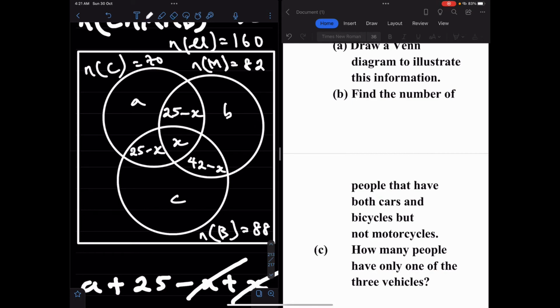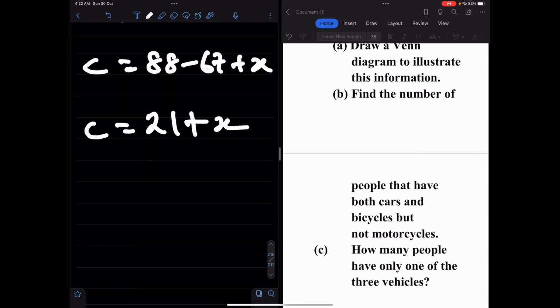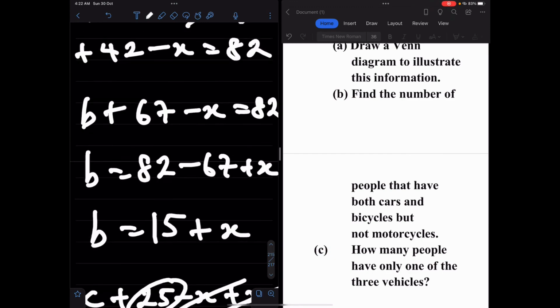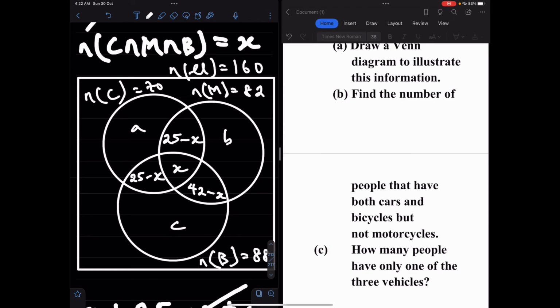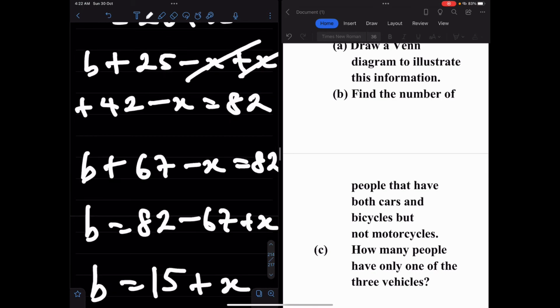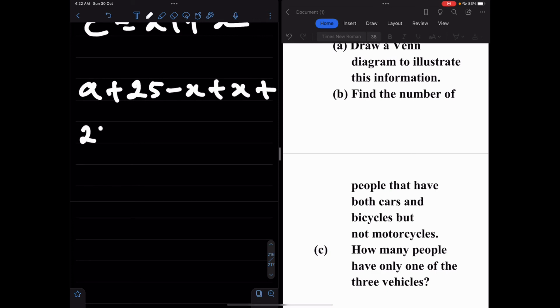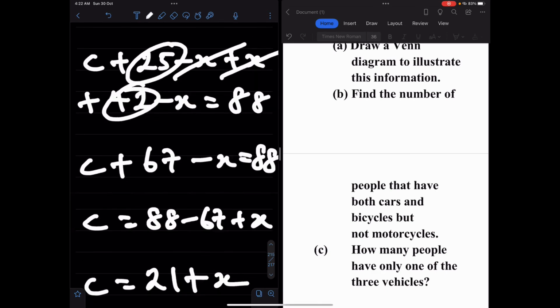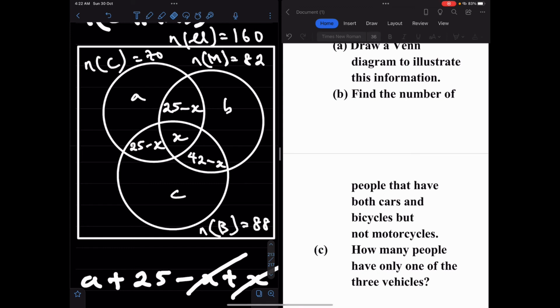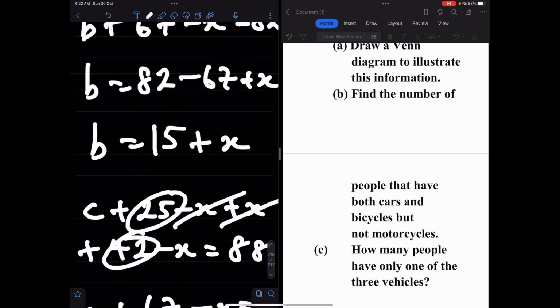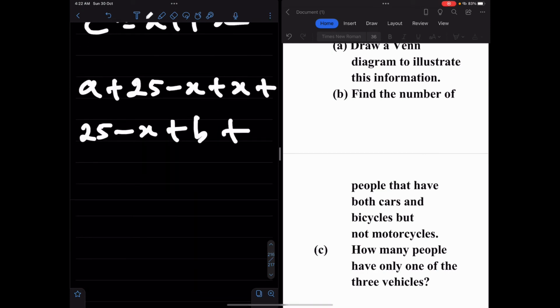So a plus 25 minus x plus 25 minus x, plus another 25 minus x, plus another 25 minus x, plus b plus 42 minus x plus c equals 160.